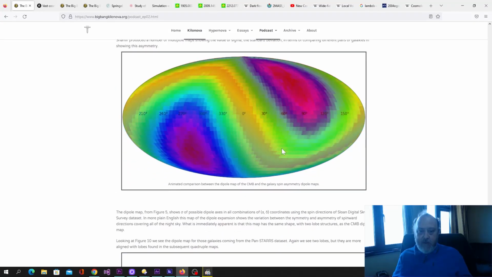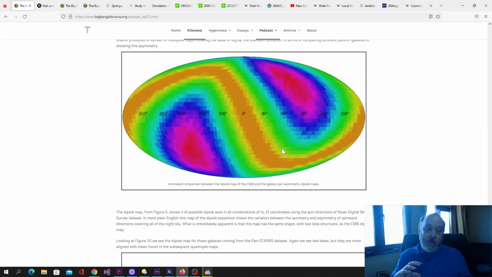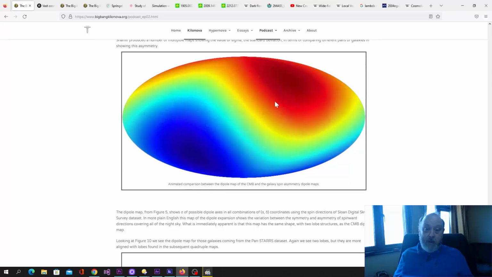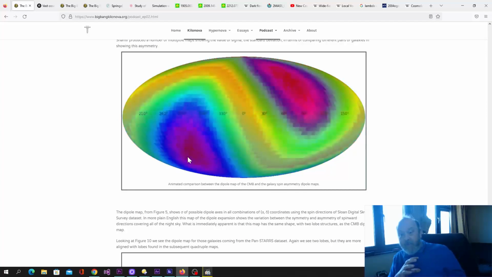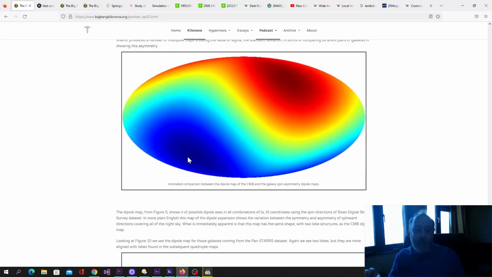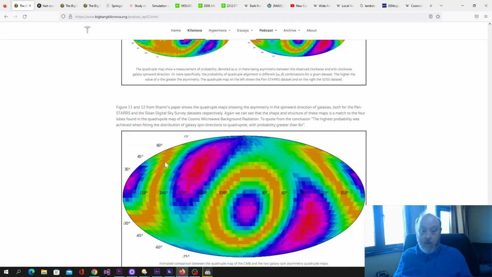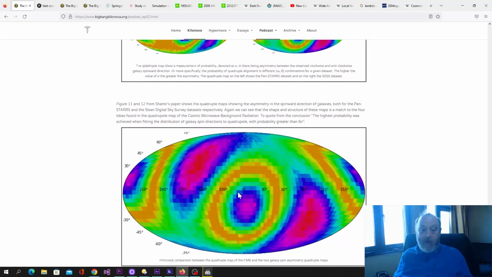And we see an anisotropic universe, because up here and down here we're seeing this asymmetry in the spinward direction of galaxies, and we're seeing the same thing when it comes to the quadrupole map.